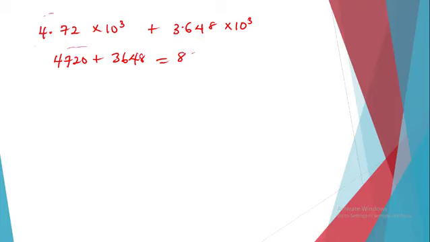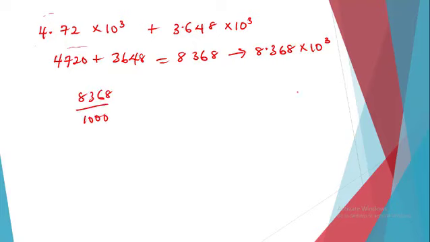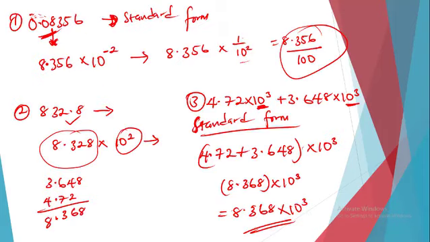You have 8368, and then this in standard form is equal to 8.368 times 10 raised to power 3. Since 8368 divided by 1000 will give us this. Okay, so this is still our answer, which is what we got in the first solution.